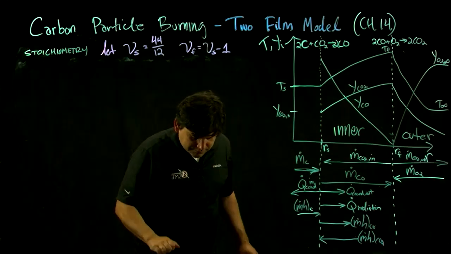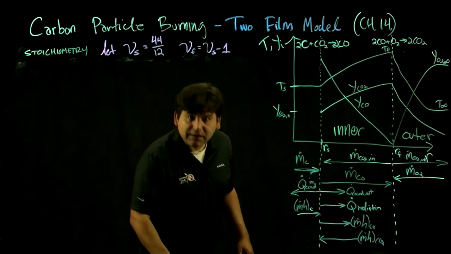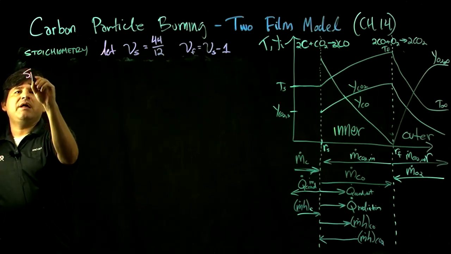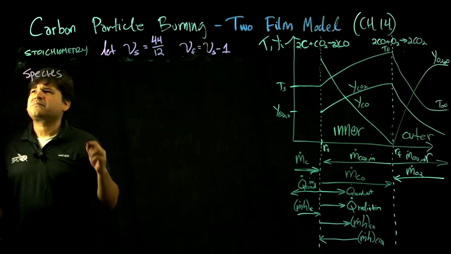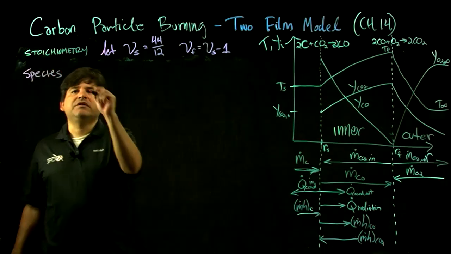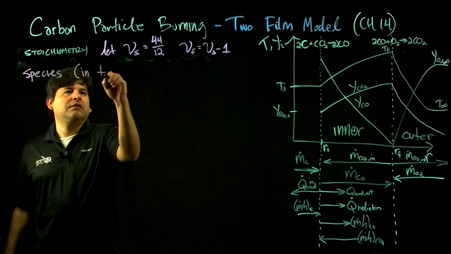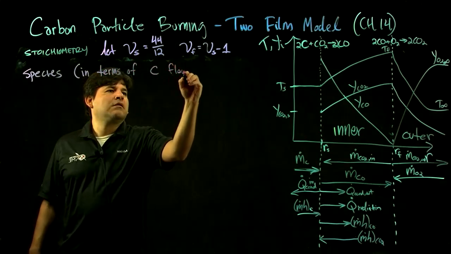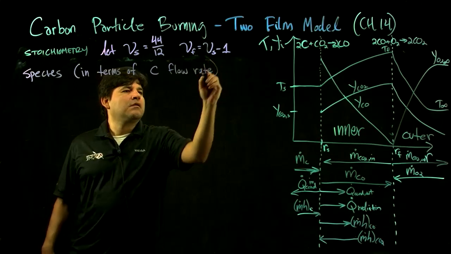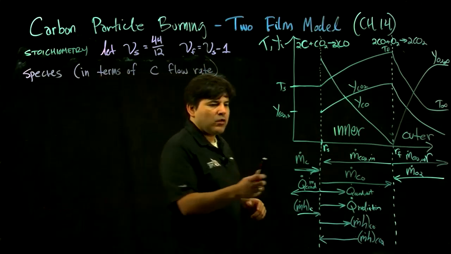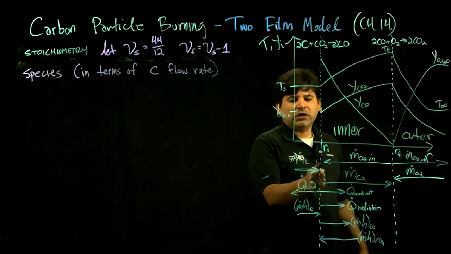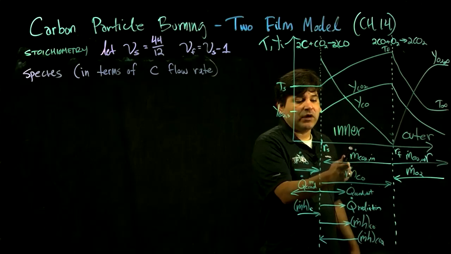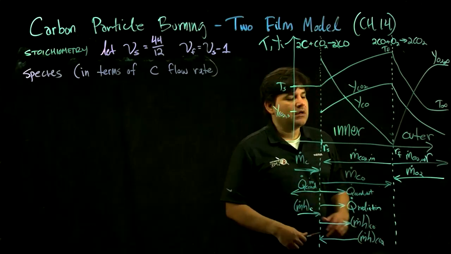Okay, so species, again, this is the stoichiometry, then the species balances, again in terms of the C flow rate. I'm saying flow rate because it's just some kilograms per second burned at the surface, but that has to balance the flow rate of CO2, the flow rate of CO, and all that stuff.